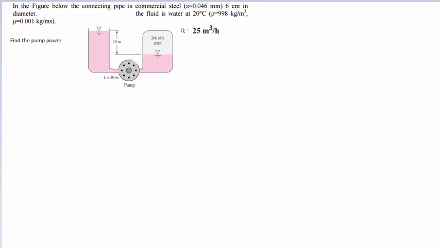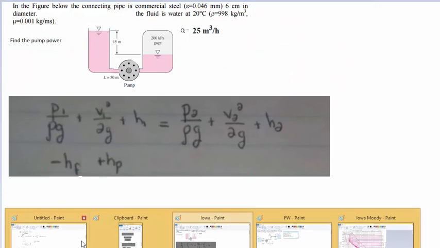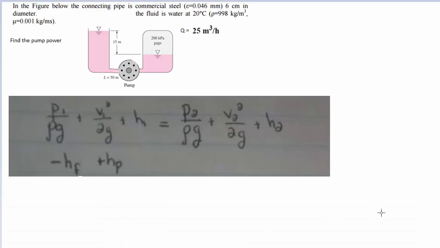Give me one second. I don't think we'll actually have minor losses in this problem. Okay, so our points 1 and 2 will actually look like this. My bad, and sorry for the fuzziness there.